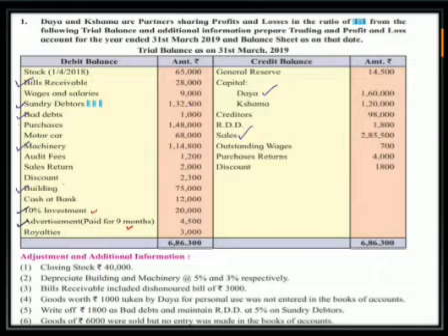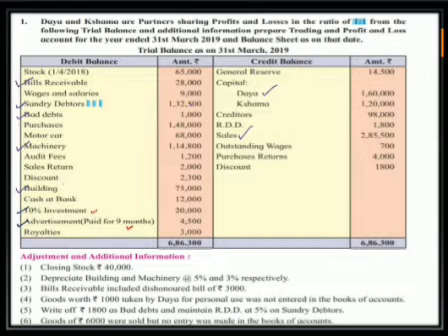Remember students, whenever discount is given on the debit side of the trial balance, then we have to debit it to the profit and loss account, and if discount is given on the credit side, then it is our income, and we have to credit it to the profit and loss account.